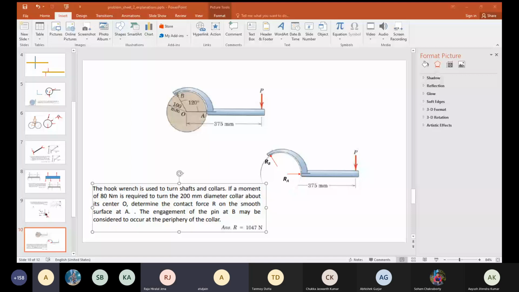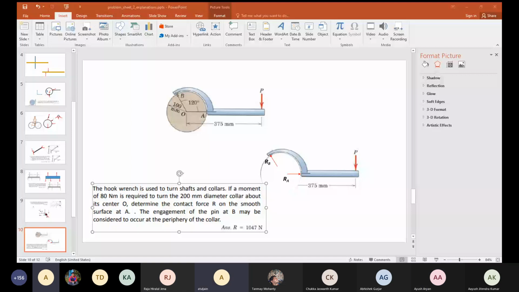Take the moment about point B, equate it to 0. What is the equation that you are getting? P into 375 by 1000, P into 425 by 1000, P into 100 cos 60 plus 375.